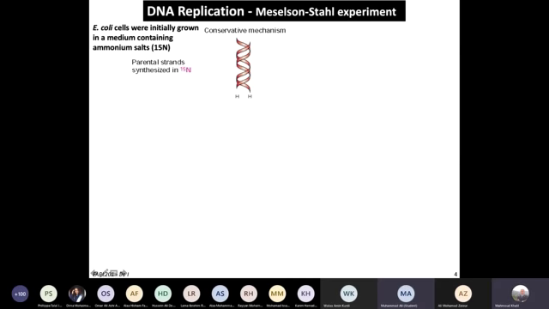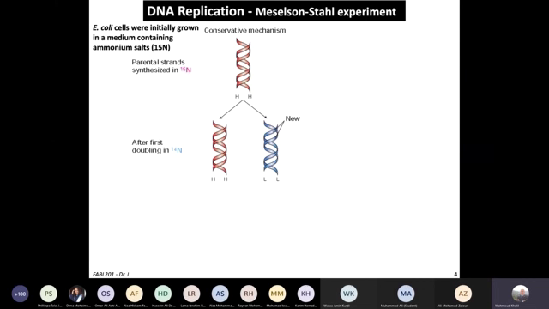So these bacteria grown in this medium containing the ammonium salt with nitrogen 15 gave rise to DNA that is heavy labeled with the isotope. In case the conservative theory is correct, then in the second round of duplication, they grow the bacteria in another medium containing the normal nitrogen.